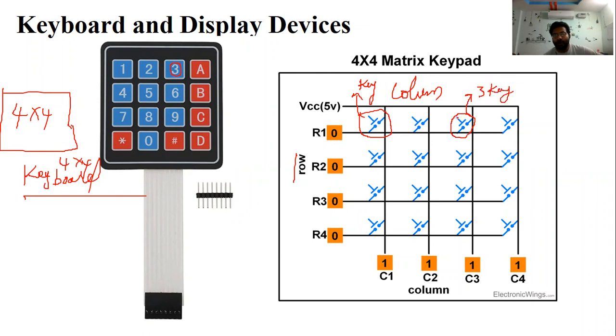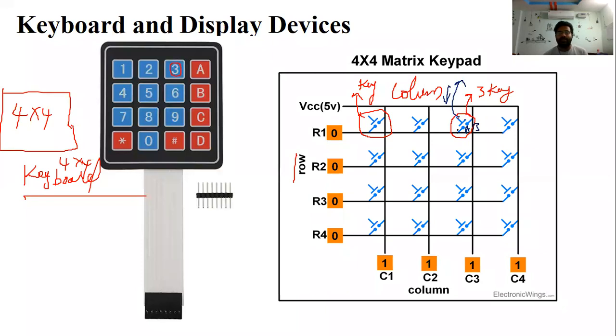I am changing the pen color. See this pointer: whenever you press in this direction, it touches the points A and B. So it touches both the row and the column when you press the key.